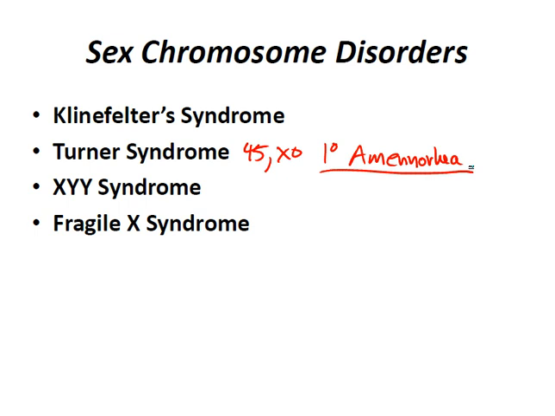Now the clinical presentation is primary amenorrhea with streak gonads. Symptoms are due to the missing second X chromosome. So Barr bodies are present. They should have oogenesis and normal sexual development, but that does not occur.